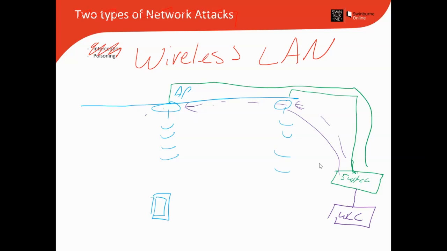This connects to the switch, and we'll use these many ports to connect to maybe different VLANs. We'll do so many different configurations. But that's a wireless LAN controller, and that one can maybe take care of around about 50 access points.